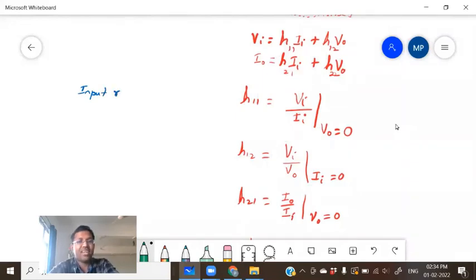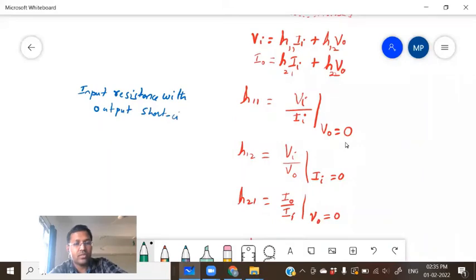See here, H11 is input voltage by input current. Voltage by current is resistance. Input voltage by input current will be input resistance, right? So it is input resistance when V naught is 0. How to make voltage 0? Short circuit. So input resistance with output short circuited.